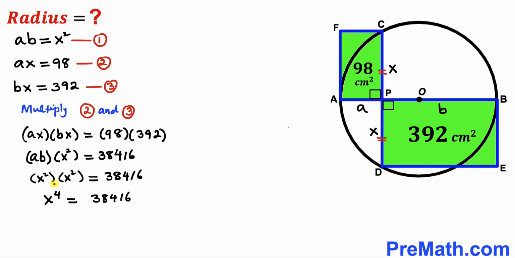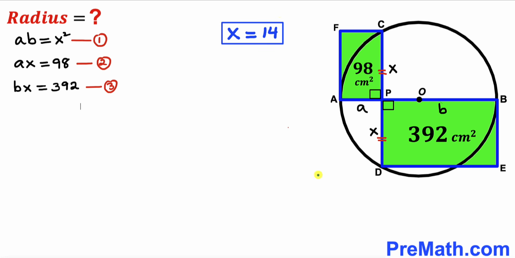Now I'm going to take the 4th root on both sides to undo this 4th power. So we conclude that our x value simply turns out to be 14 centimeter.